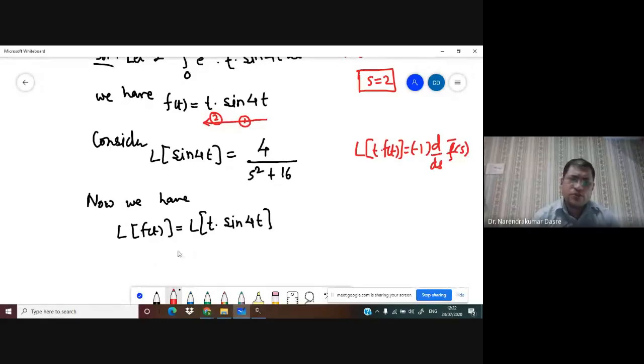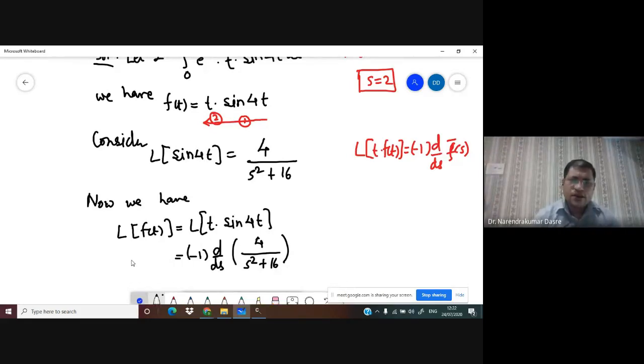Hence I'll have here minus d by ds of Laplace transform of sine of 4t, which we have calculated earlier, so it will become 4 upon s square plus 16.